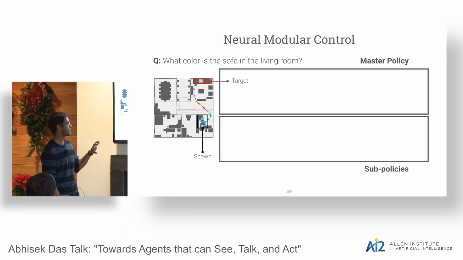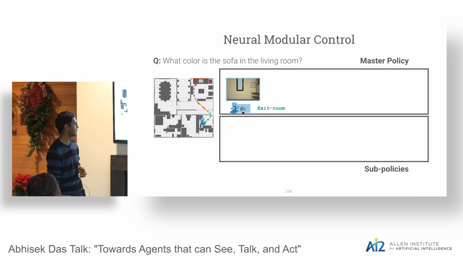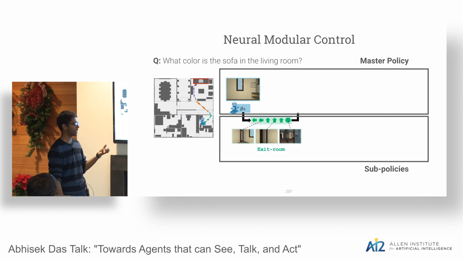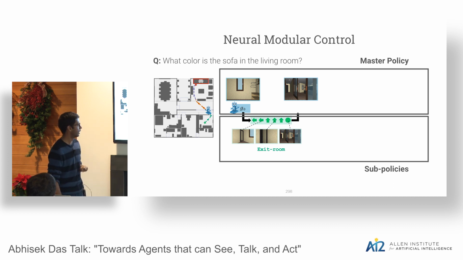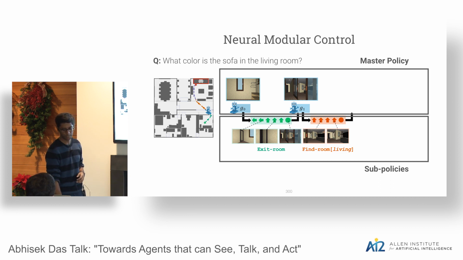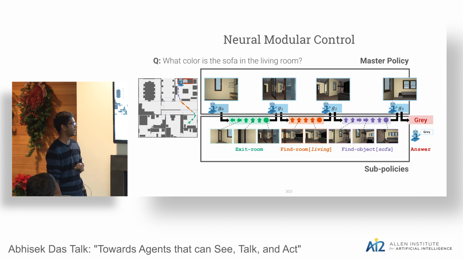The hierarchy here is that there's a master policy that's predicting a subgoal. So for example, first it might have to exit the room that it's currently in. That exit room subgoal gets executed by a subpolicy. At the next time step, it predicts the next subgoal, which is to find the living room once it has exited the current room. That gets executed by the corresponding find room subpolicy, and this continues till the agent finally decides to stop and answer the question.